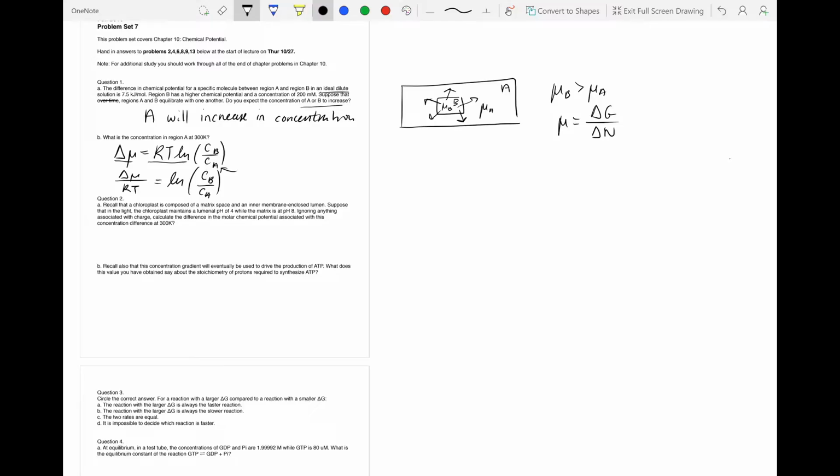And then what you're going to want to do is exponentiate both sides. So it's going to take care of the natural log. And then we can come up with an expression for the concentration of A. So since we're given the concentration in region B, and we know that it has a greater chemical potential than A, that's why we put it in the numerator and not in the denominator.